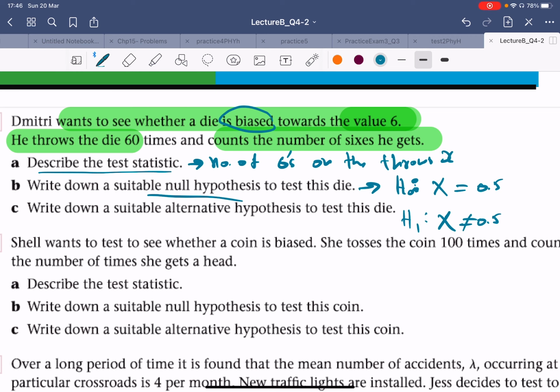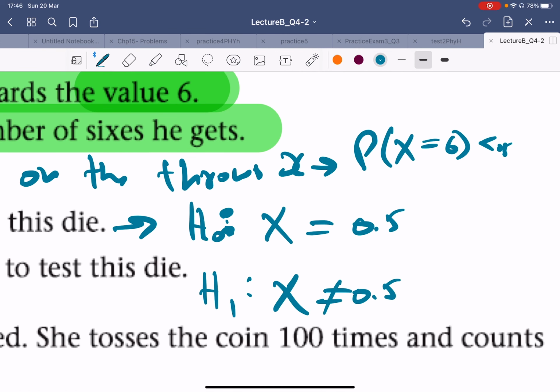Okay, since we say this, we can say the probability of big X equal to 6 is less than 0.5. Or let me rewrite this.